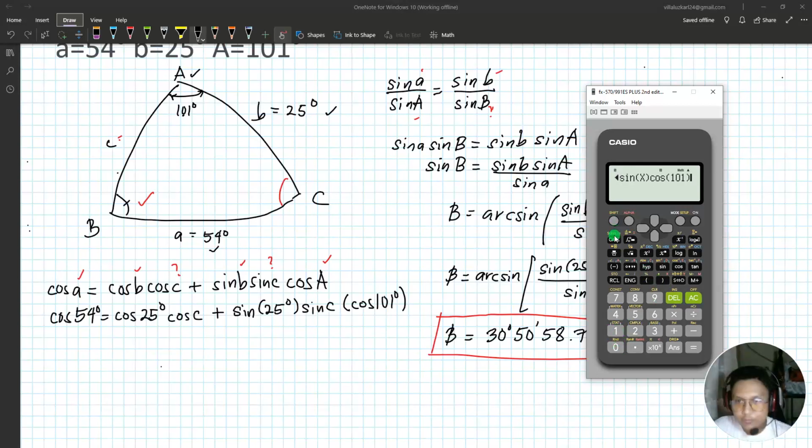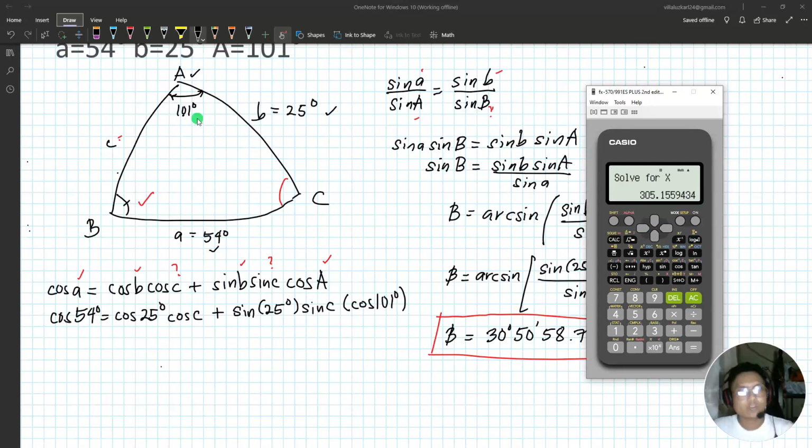Then shift calculate. The calculator will ask you for an initial value. Our calculator will undergo what you call iteration, which means that the nearest possible answer to the initial value you input will be derived from it.